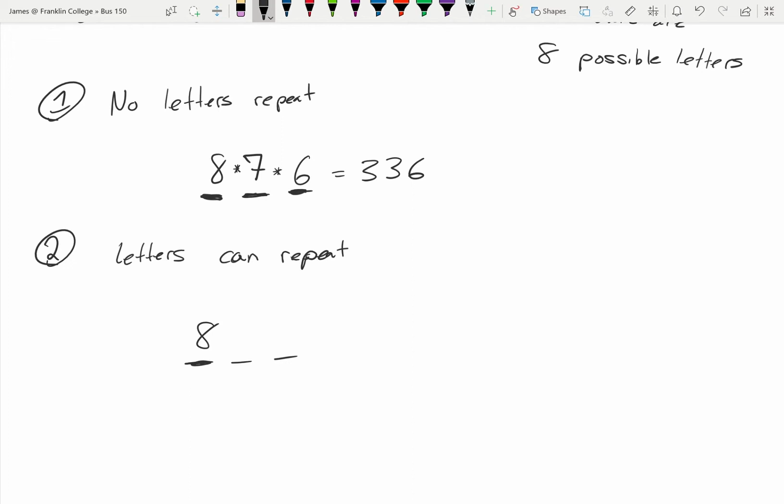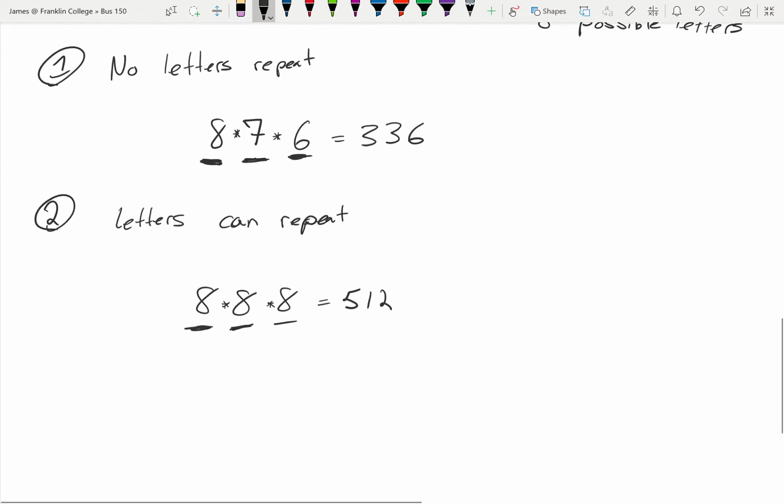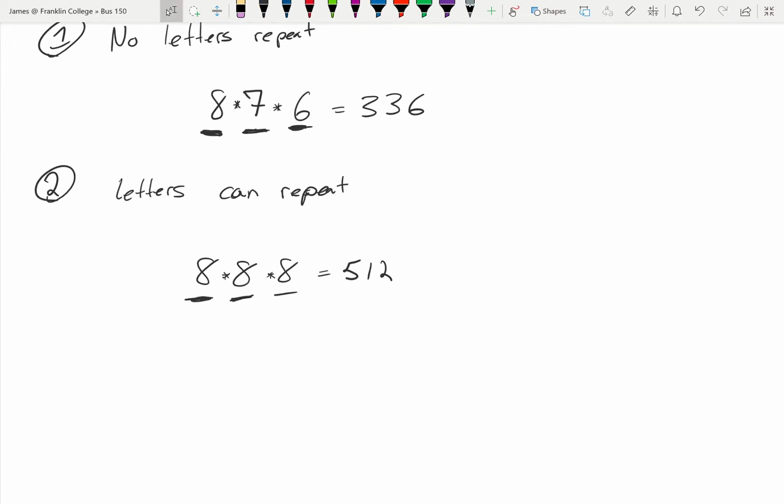In the second letter in this code, how many letters are available to us? There are 8 letters available again because they're allowed to repeat. And then lastly, once again, there are 8 letters available in the third spot as well. So we take the product of 8, 8, 8. We're going to get 512 possible 3-letter codes, where for each letter there are 8 possibilities.